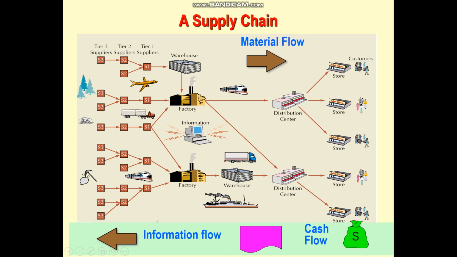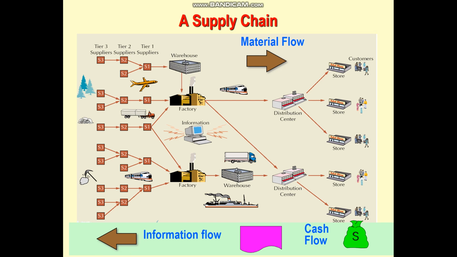So what are the components of a supply chain, and what is supply chain management? Look at this figure. This represents a supply chain, and you can see how many components we have here. The first one is suppliers, then operations or manufacturers, then distribution centers and customers.